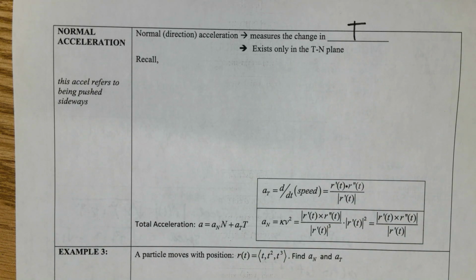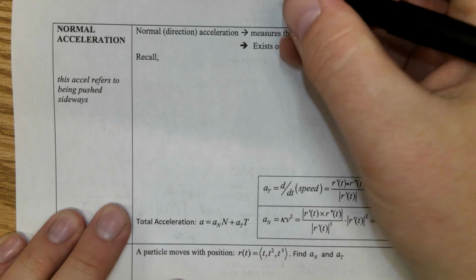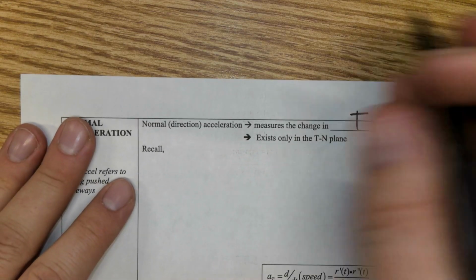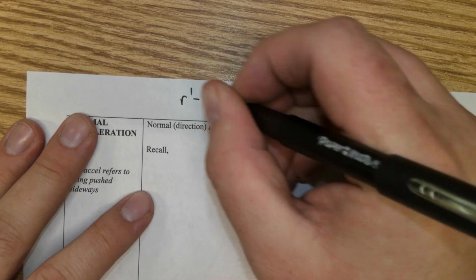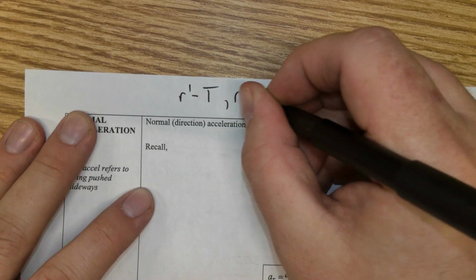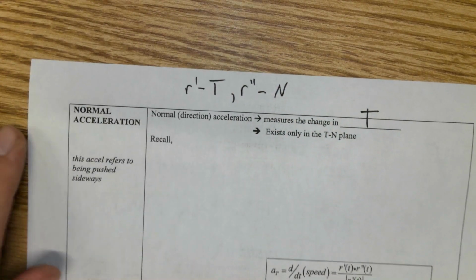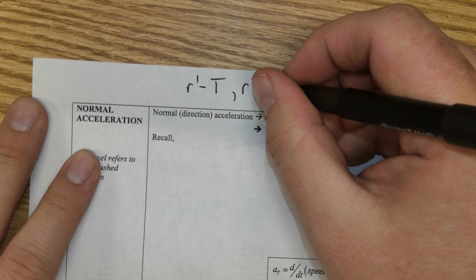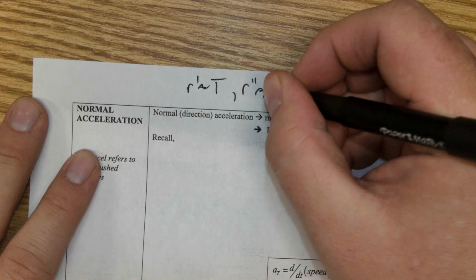How tricky that might feel, because my normal n is the derivative of t. This is one concept that'll help us a little bit as we keep going. R prime, velocity, is most closely related to t, whereas r double prime is most closely related to the second derivative, n. Now, I should probably just say it approximates.